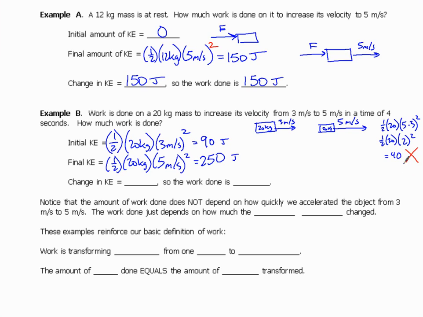It's not 40. We are about to calculate it. The change in kinetic energy is the final kinetic energy minus the initial kinetic energy, 160 joules. Change in kinetic energy is 160 joules, so the work done is 160 joules.